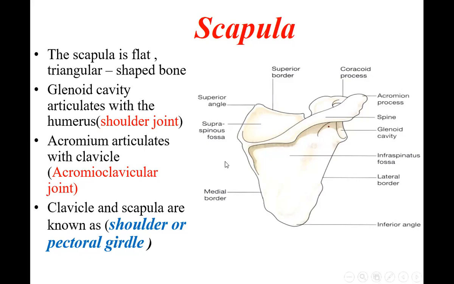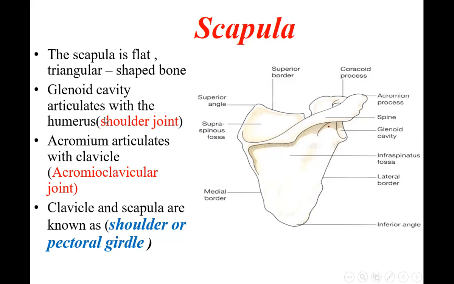Okay. So coming to the scapula. The scapula is a flat triangular shaped bone. It has a glenoid cavity, which articulates with the head of the humerus. The humerus is the long bone of the arm, and this forms the shoulder joint.